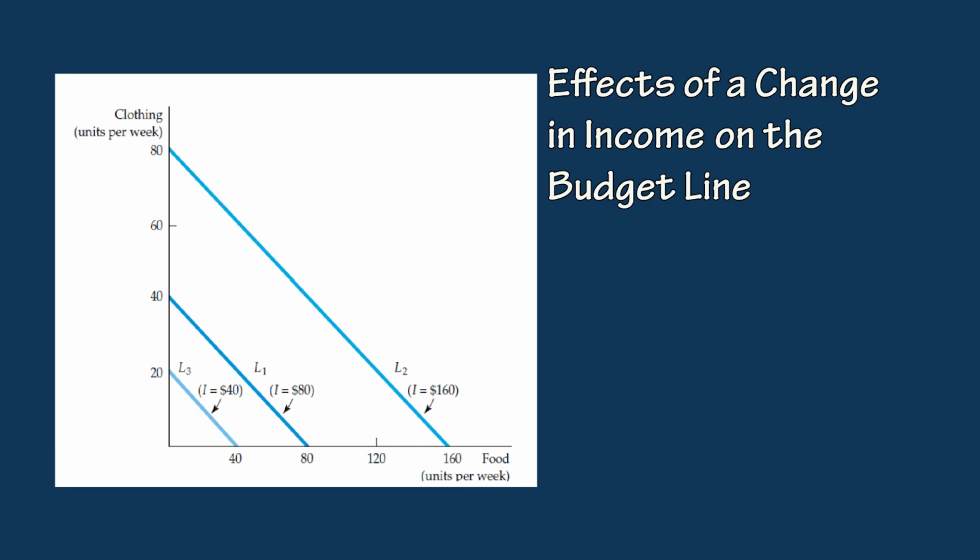L1 represents a budget or income of $80, L2 represents $160, L3 represents $40. So L1 to L2 means income is rising and the budget line is shifting rightward. As income rises, the budget line shifts towards the right. As income falls, the budget line shifts towards the left.